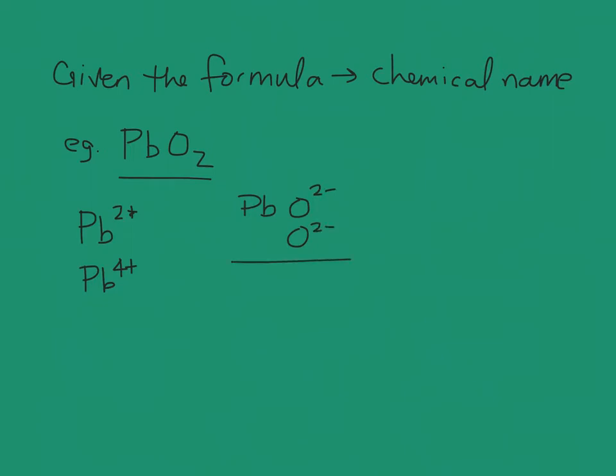And I know that the charges have to equal. So that's going to be a 4-. That means the lead must be 4+. And since there's only one of them, when I go to write the name, I know that's going to be lead(IV) oxide.